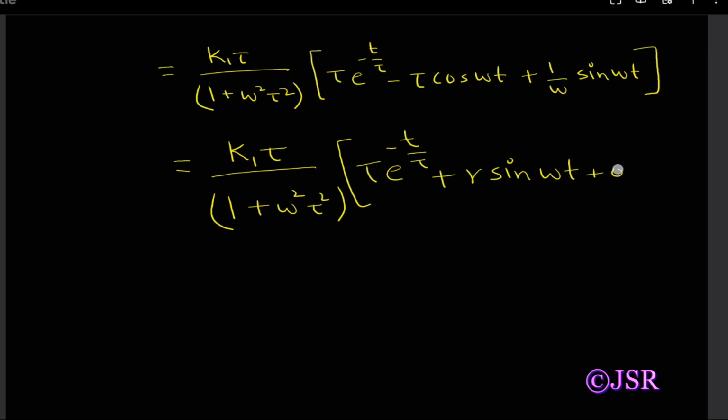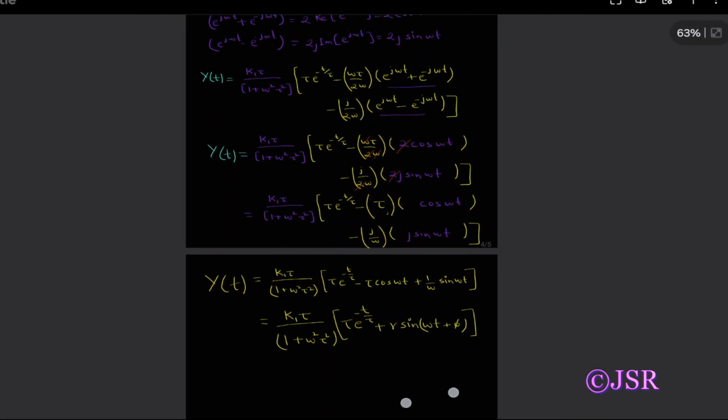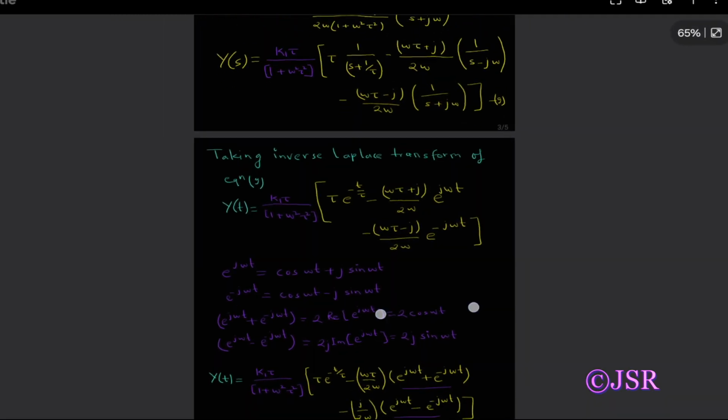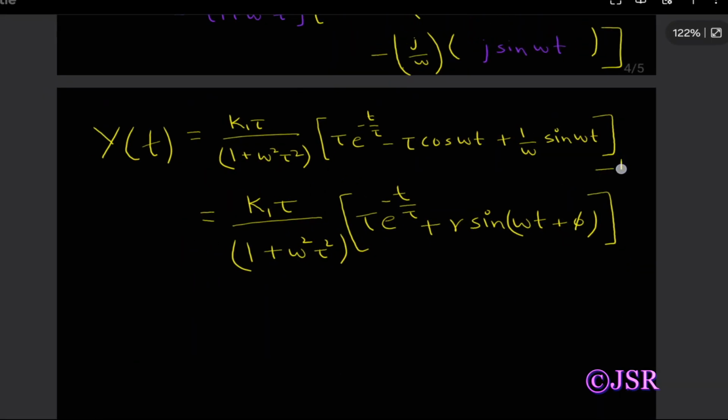R sine omega t plus phi. So basically we have y of t equal to this expression, equation 10, right?